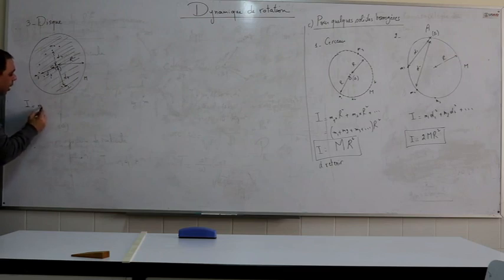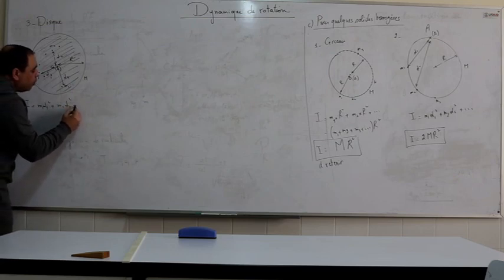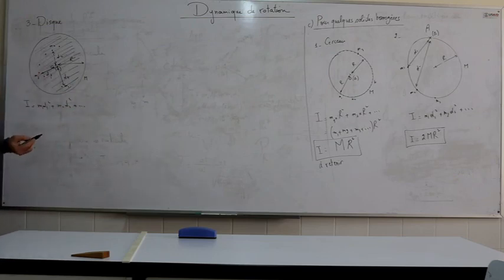Then I equals m1 times d1 squared plus m2 times d2 squared plus etc. We can't find a common factor here. So after some calculation, we get the answer I equals half m times r squared.